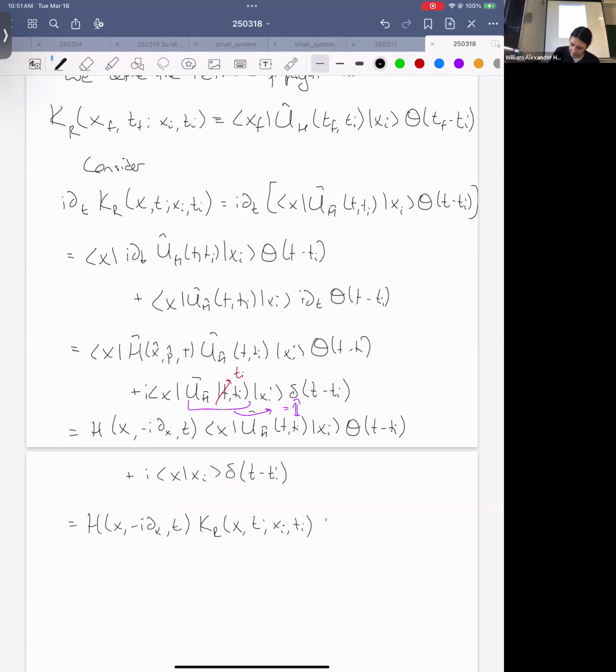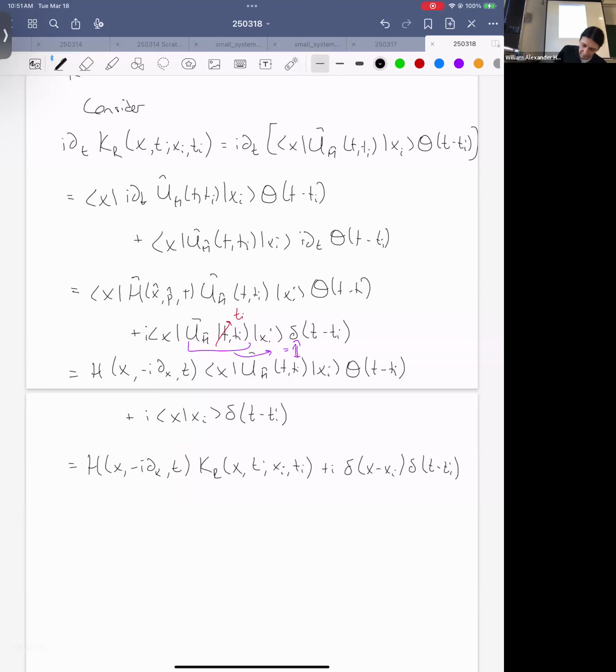Yeah, exactly. So plus i Dirac delta x minus x initial, Dirac delta t minus t initial. And so I can rearrange things, and I find that my Hamiltonian as a function of x, minus i partial x, and t, minus i partial t acting on my retarded propagator.